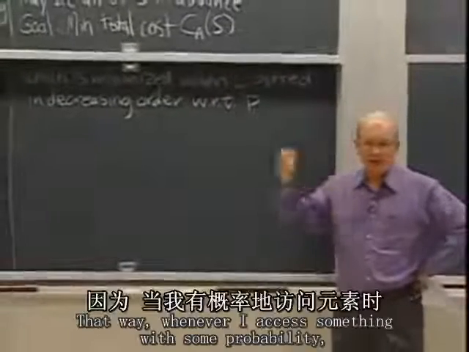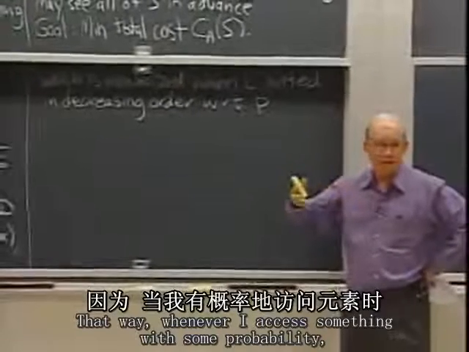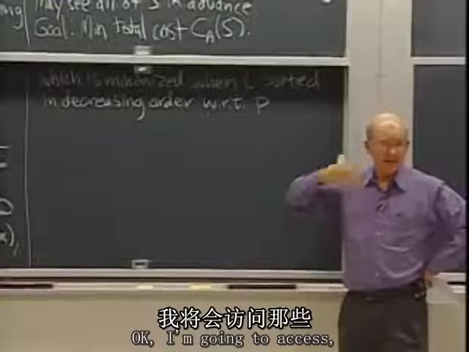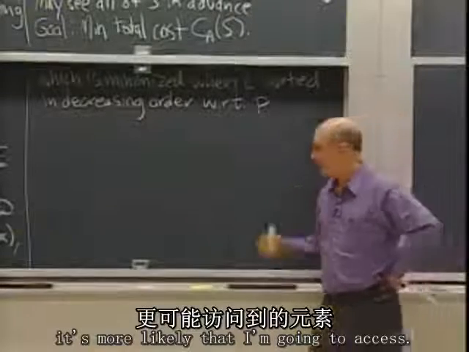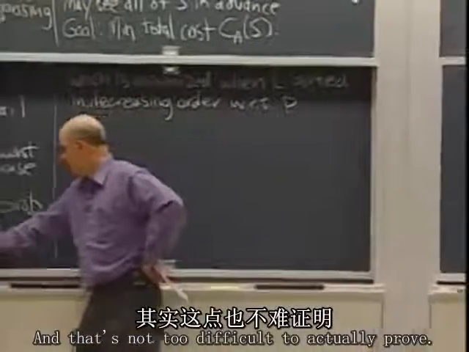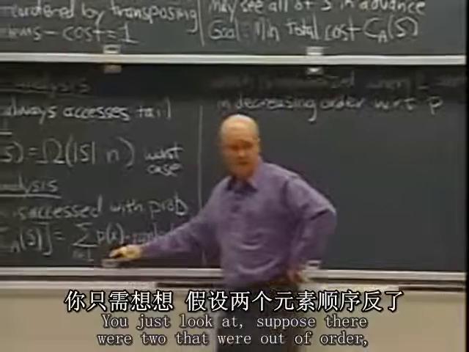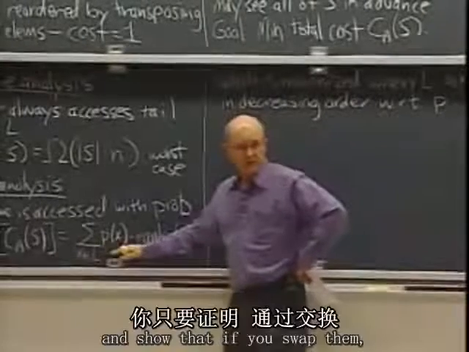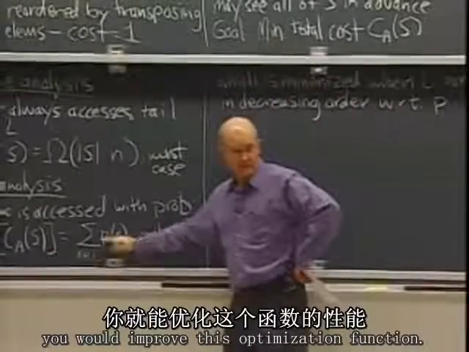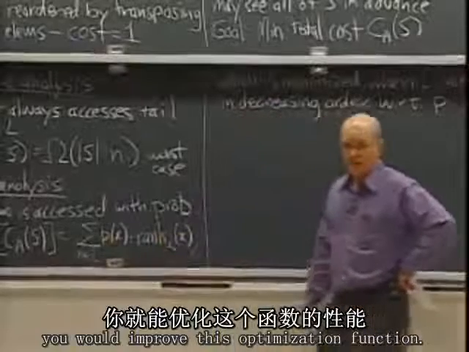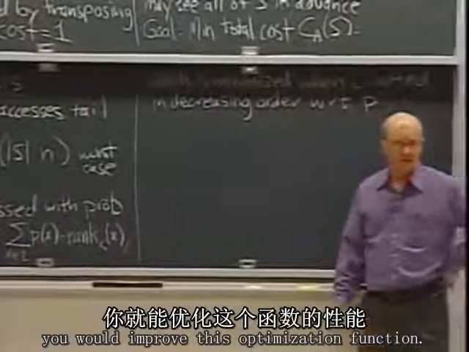That way, whenever I access something, it's more likely that I'm going to access something near the front. And that's not too difficult to actually prove. You just suppose there were two that are out of order, and show that if you swap them, you would improve this optimization function.